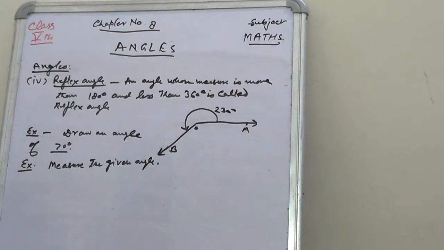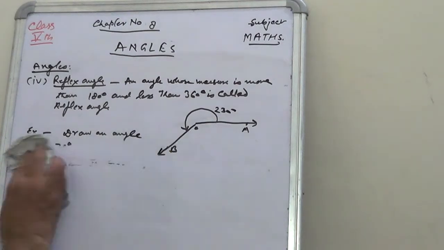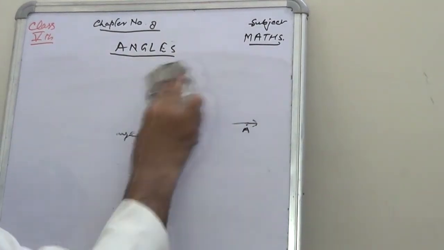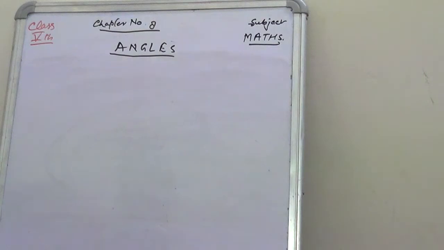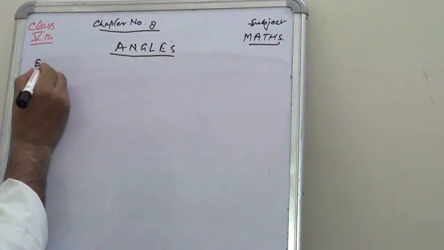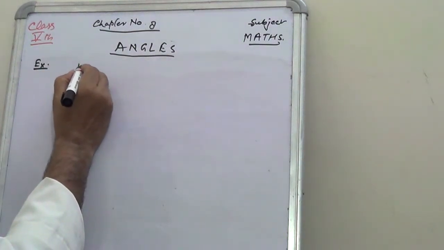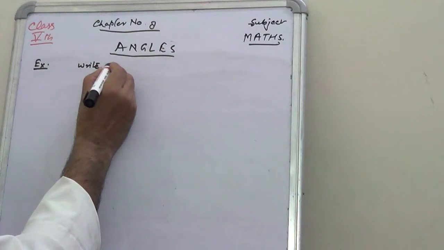So these are very simple problems generally asked in this chapter of angles. Now we move further towards a few exercises. Children, exercises in this chapter are also very simple. What type of questions they ask? Right, true or false.